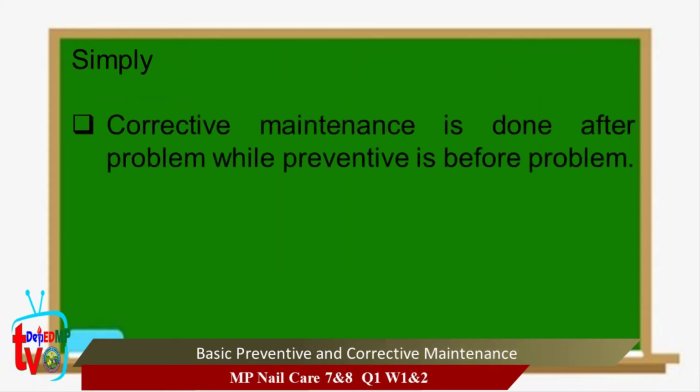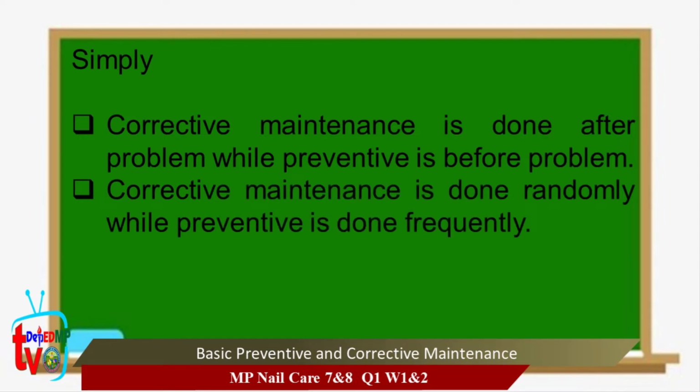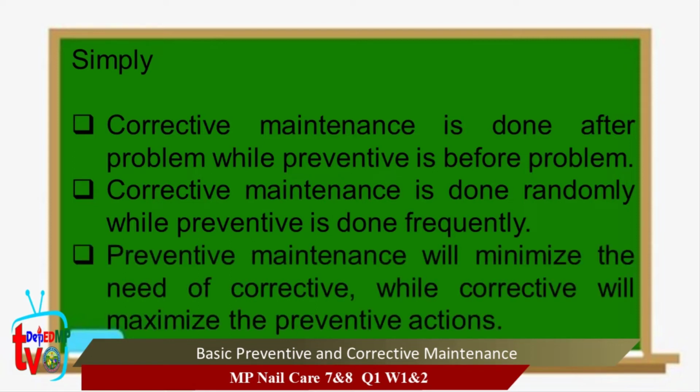Simply, corrective maintenance is done after a problem while preventive is before a problem. Corrective maintenance is done randomly, while preventive is done frequently. Preventive maintenance will minimize the need for corrective, while corrective will maximize the preventive actions.